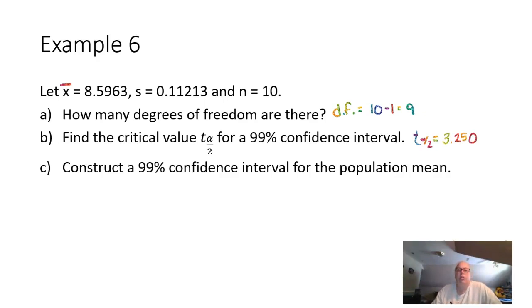And now we're going to construct our confidence interval. Well, remember the first thing we need is a standard error, and that is the standard deviation for the sample, 0.11213, divided by the square root of n, our sample size.